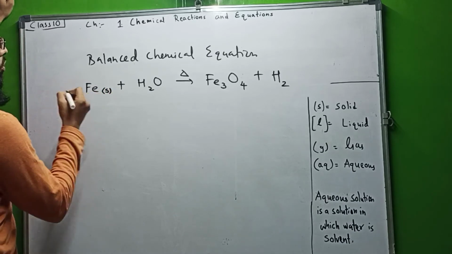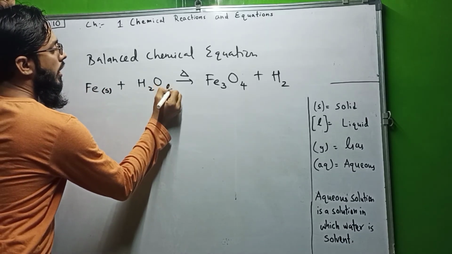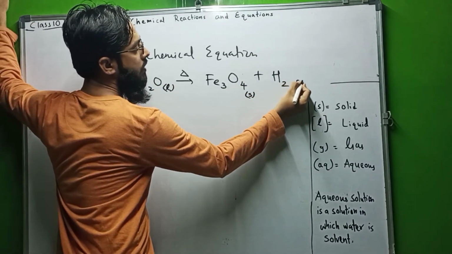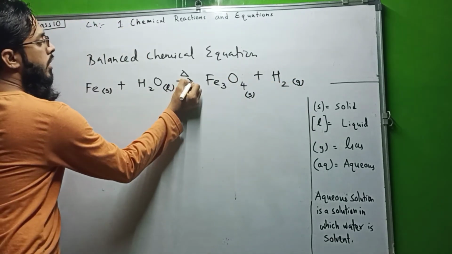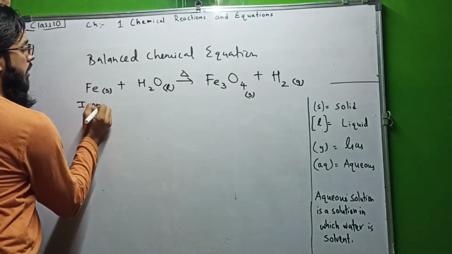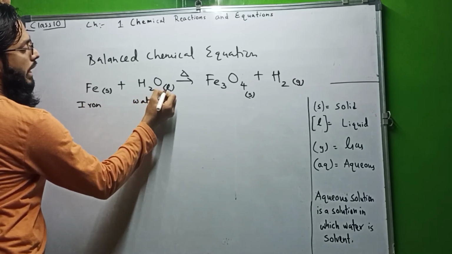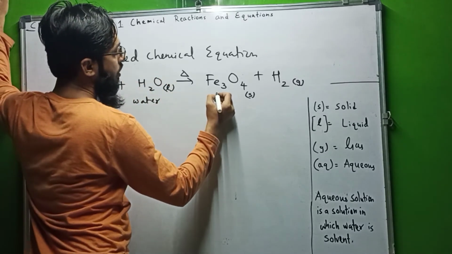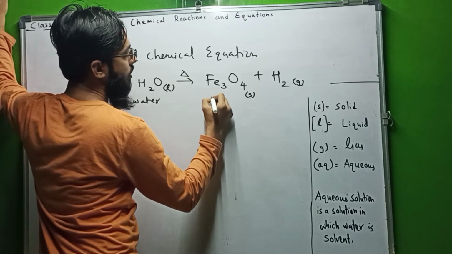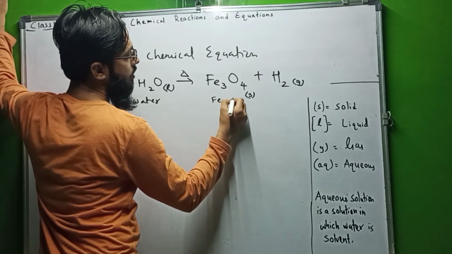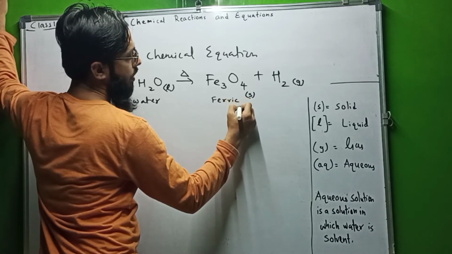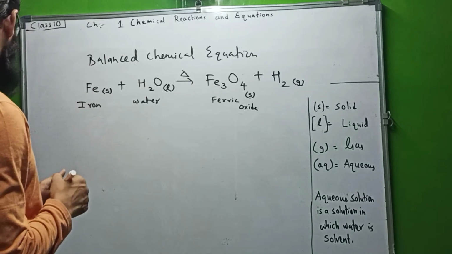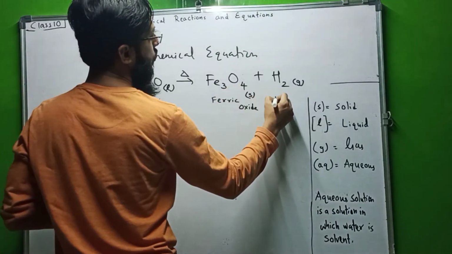Here iron is Fe, water is liquid, this is a reddish brown solid, and this is gas. So we have the equation: iron reacts with water, actually steam, since at high temperature it becomes steam, so we can depict it as steam. This is ferric oxide, or we can say red iron oxide, and hydrogen gas.